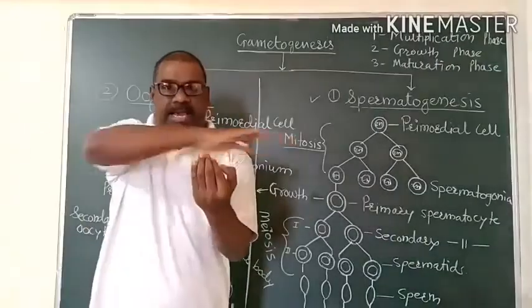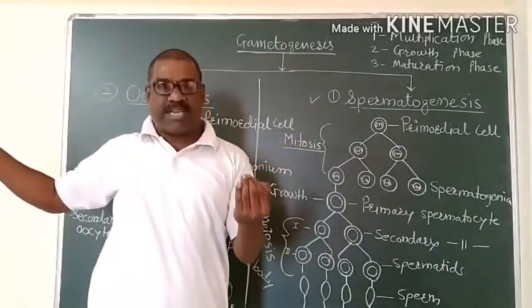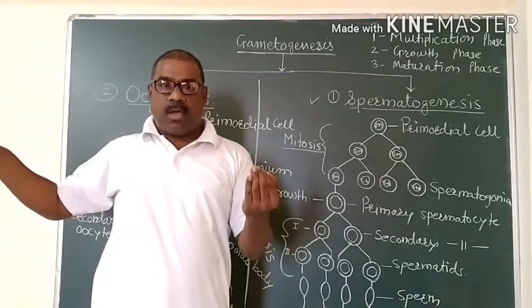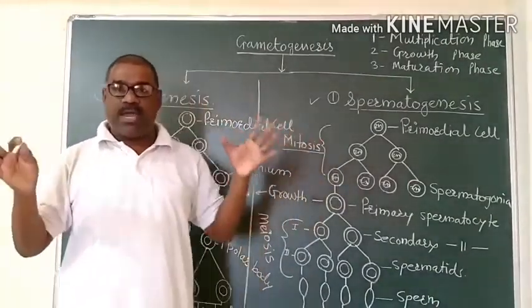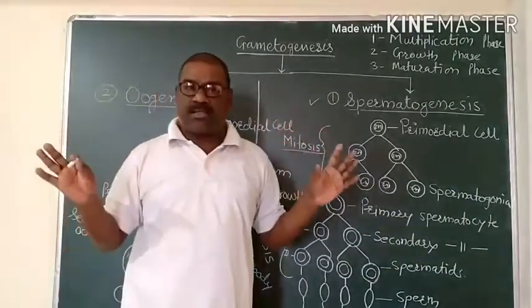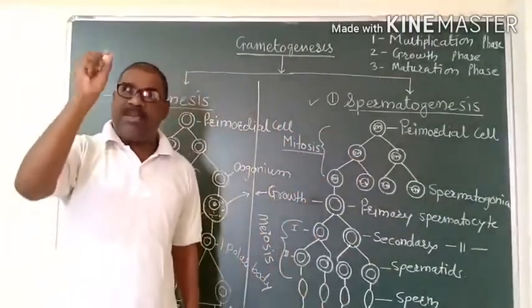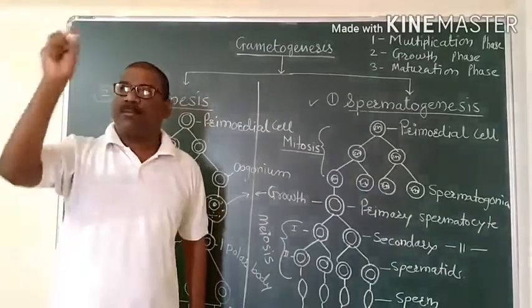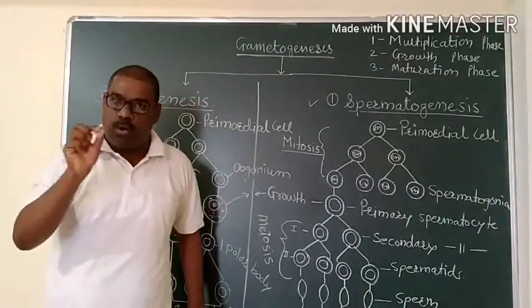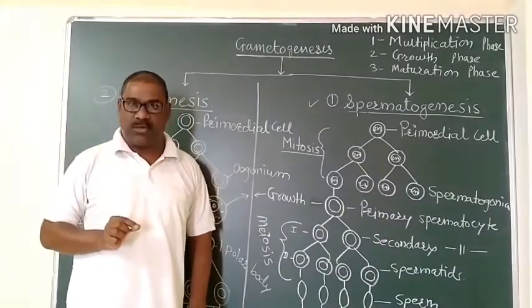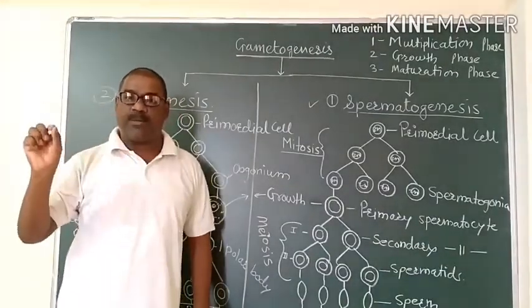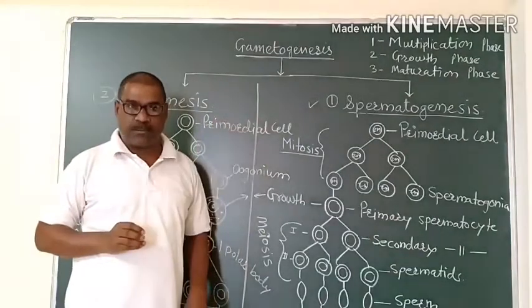When we take a section of testes and observe under a microscope, then we clearly observe seminiferous tubules which are spherical in shape. गोल गोल बॉडी पाहिलेल्या होत्या, त्याला आपण seminiferous tubule असं म्हटलेलं होतं, which is the structural and functional unit of testes.